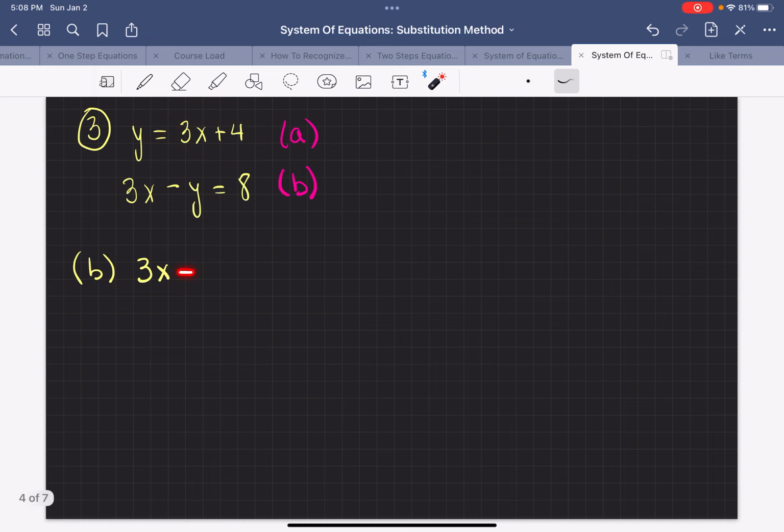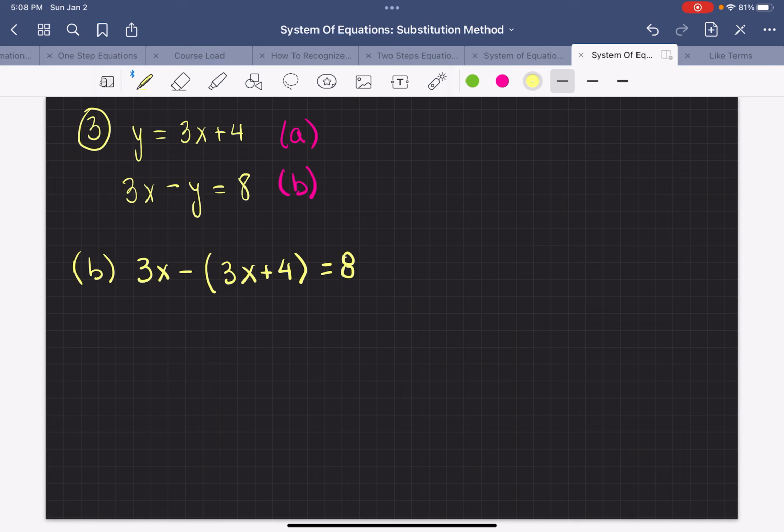But I have a negative here. That will change everything I have in the 3x plus 4. So I need to write a parenthesis to write the 3x plus 4. And then I continue, equals 8.